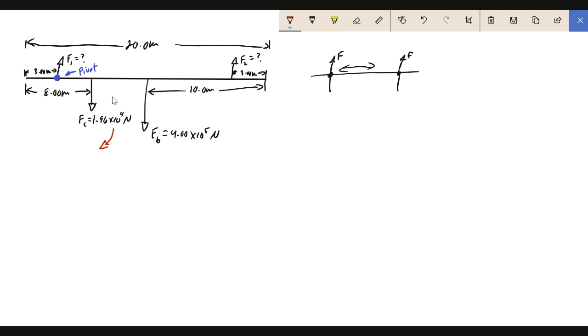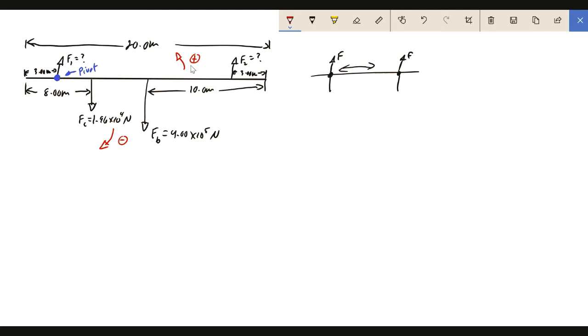And then F2 would cause it to rotate in this direction here. If I rotate counterclockwise, that is a positive rotation, so F2 would cause a positive torque, and FC and FB would cause a clockwise, which is a negative rotation.